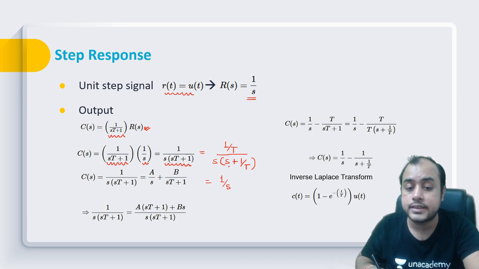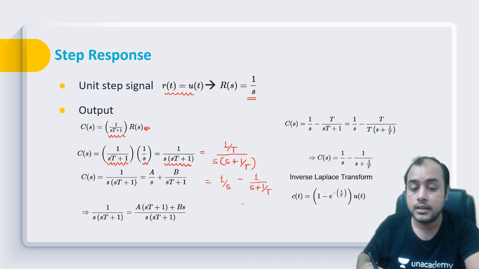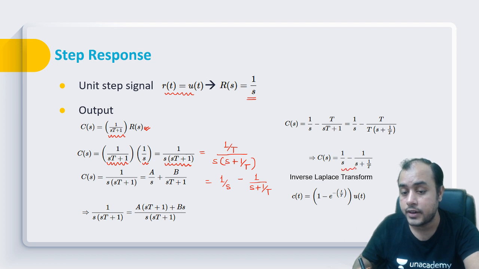The root of the term s plus 1 by T is minus 1 by T. So put minus 1 by T in the remaining function: 1 by T over minus 1 by T, that is minus 1.